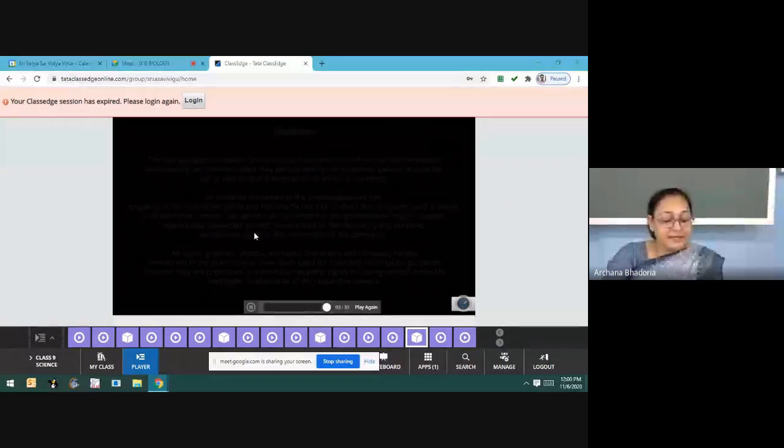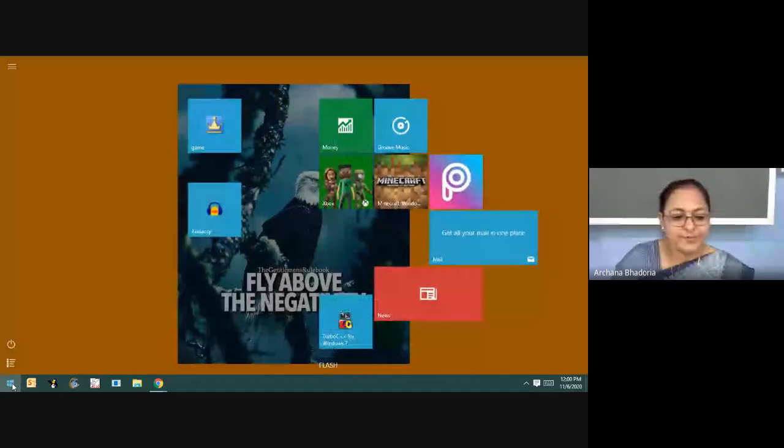So put subheading in your notebook, children: animal tissues. Now write down, there are 4 types of animal tissues.